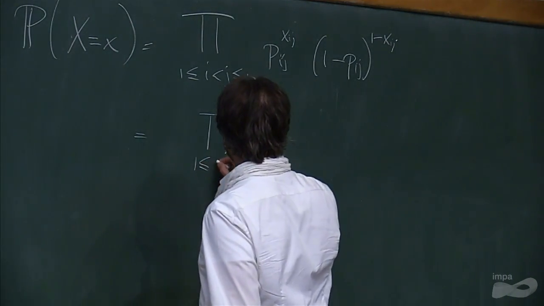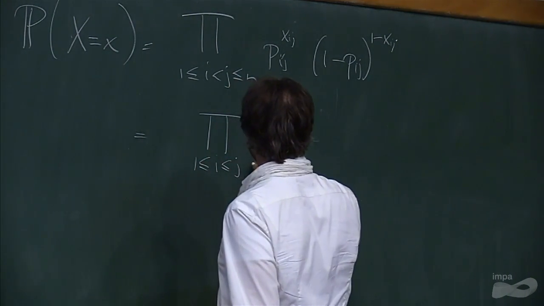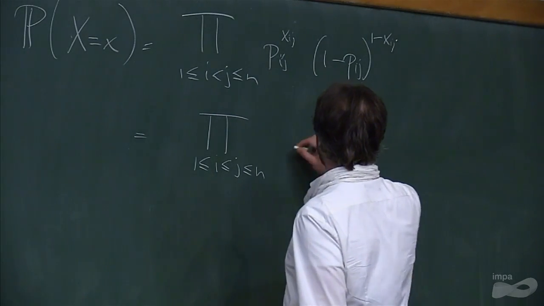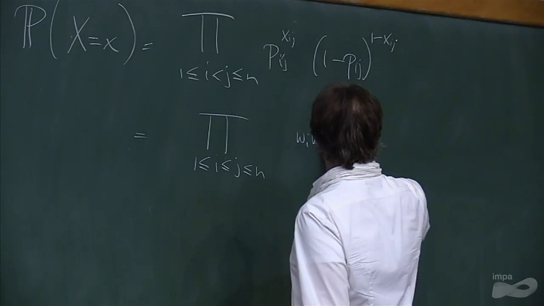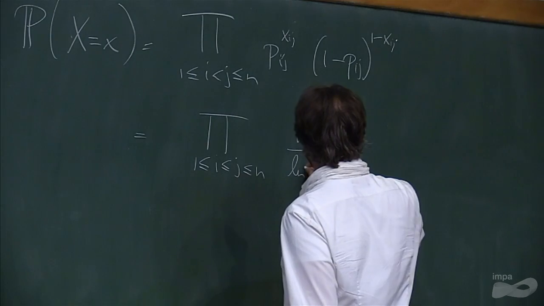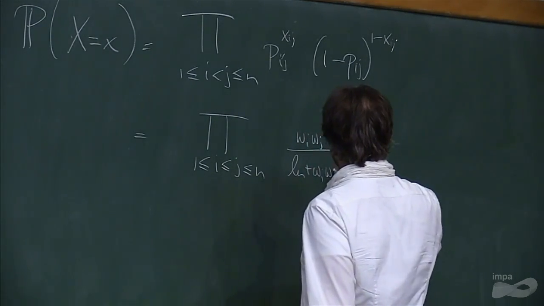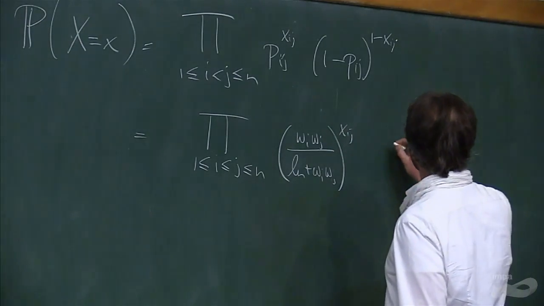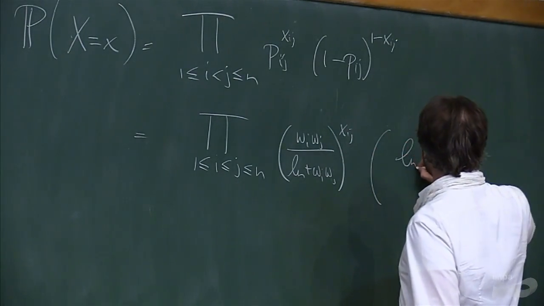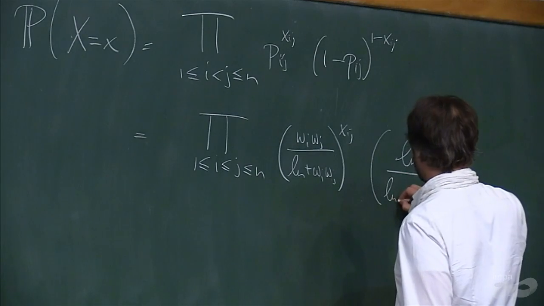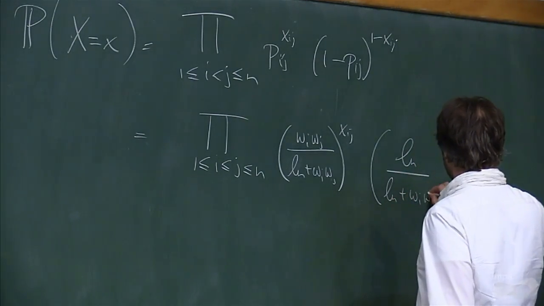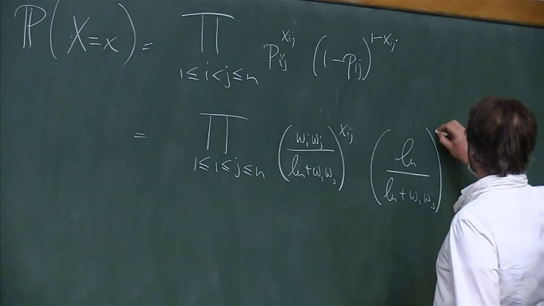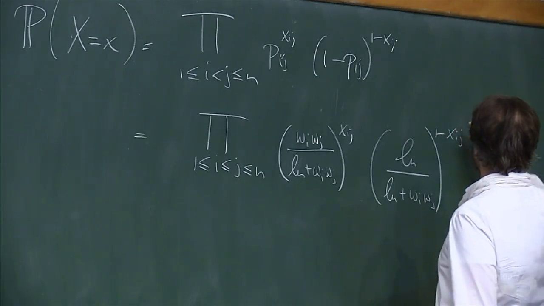So here I'm going to write this, and now I'm going to write WiWj divided by Ln plus WiWj to the power Xij. And then we get this Ln divided by Ln plus WiWj to the power 1 minus Xij.